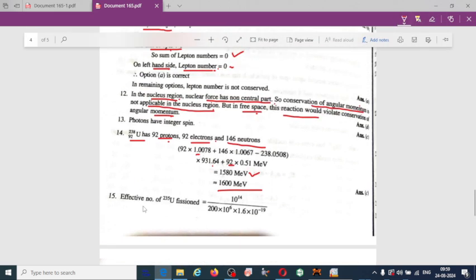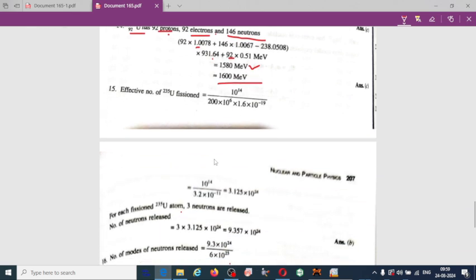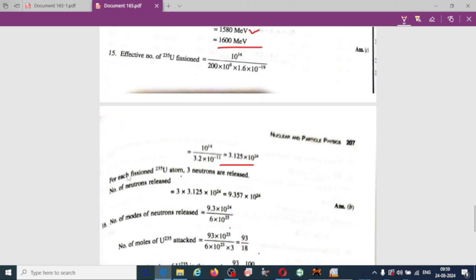So here the effective number of uranium-235 fissioned, that is equal to the ratio of 10 to the power 14 divided by 200 mega electron volt into the charge of electron, 1.6 into 10 to the power minus 19 coulomb. Then we will get the effective number of uranium fissioned, about 3.125 into 10 to the power 24.